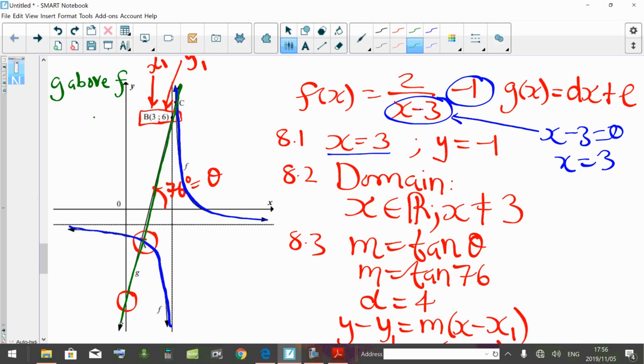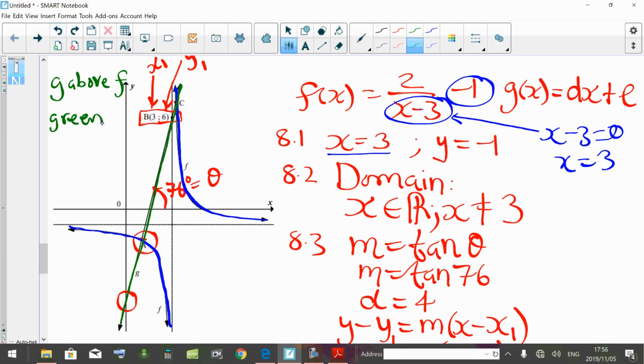So if I were to rephrase the question, they're basically asking, where is green above, sorry, not red, but blue.